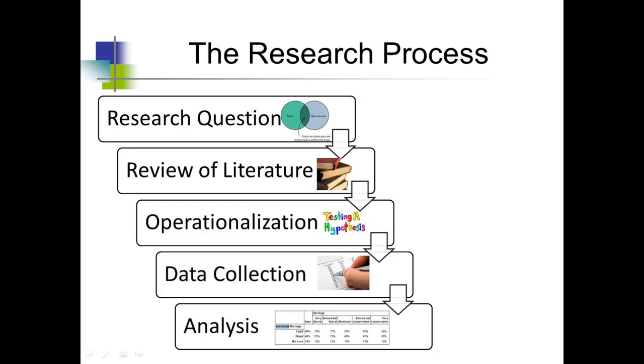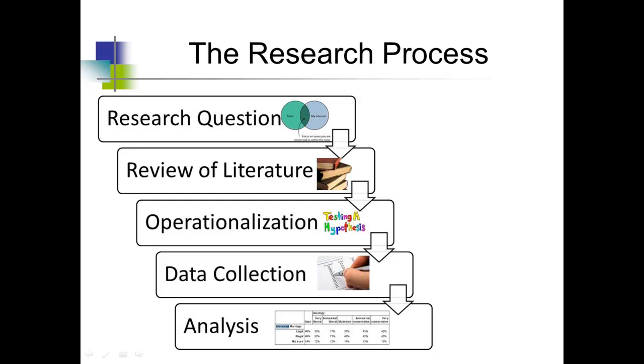Often it comes about when a researcher notices a gap in knowledge, or just that there are questions that remain unanswered based on their experience with the literature. And that basically sets a course for the research process for that researcher.